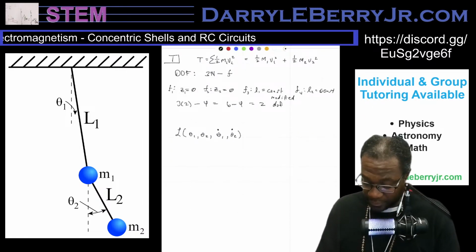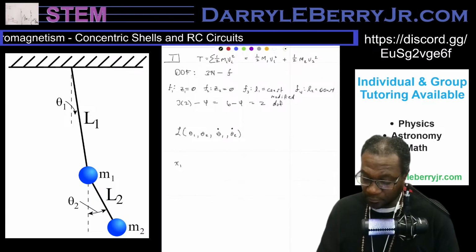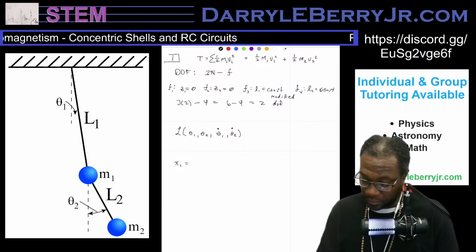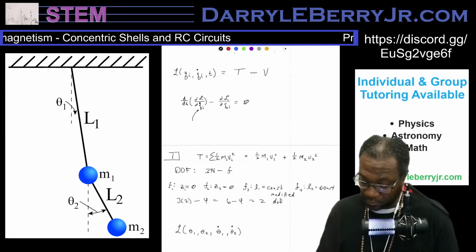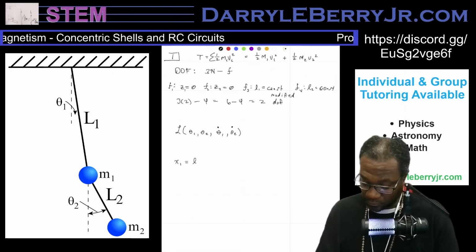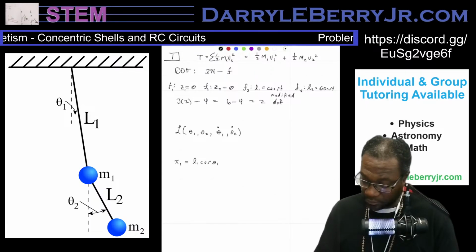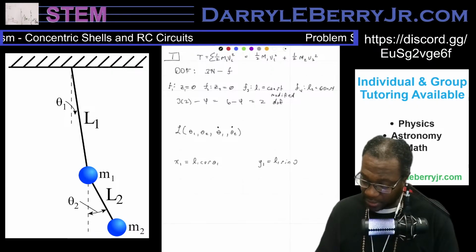So we can start with x1 equals L1 cosine theta 1, and y1 equals L1 sine theta 1.